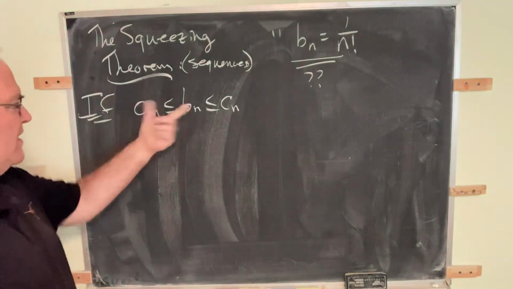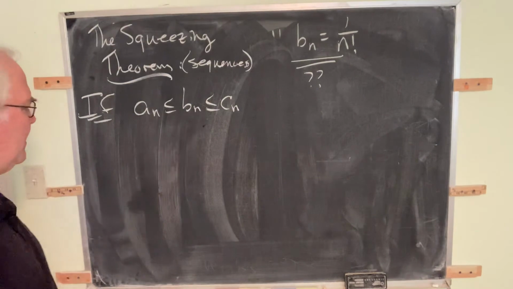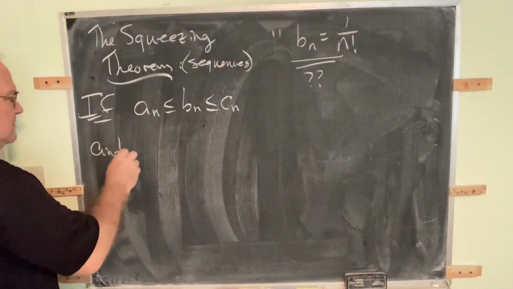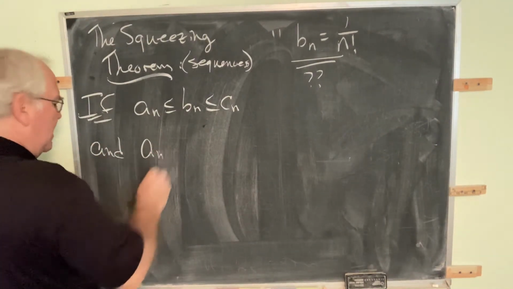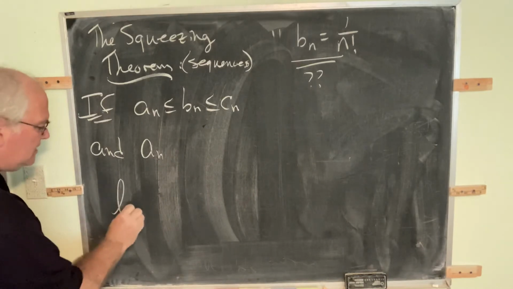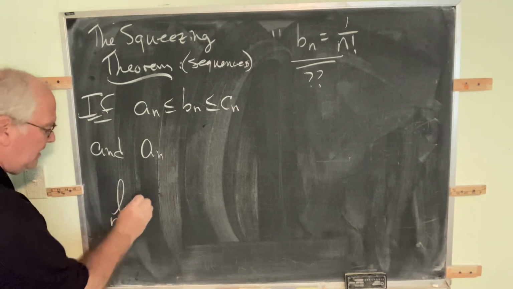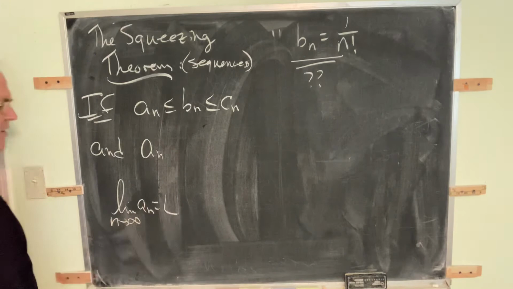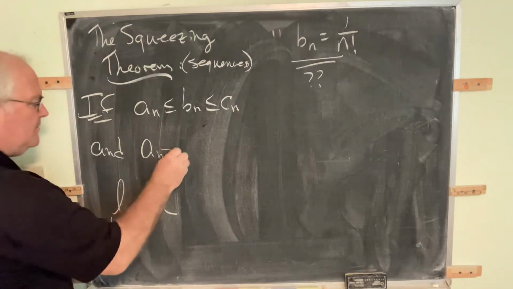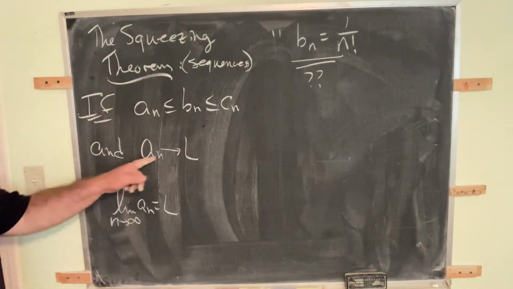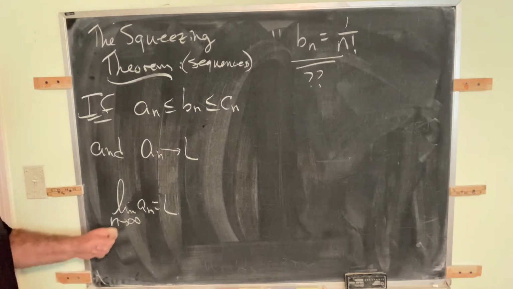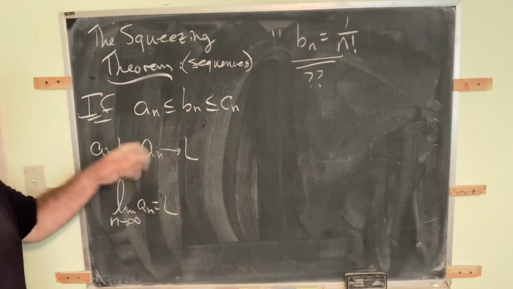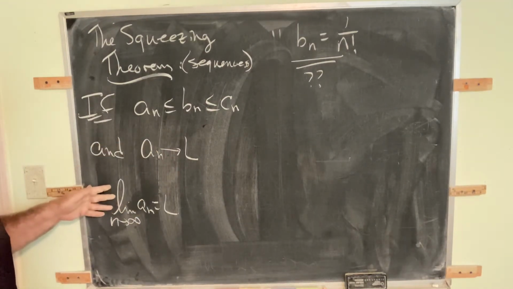If it is captured between two others, and if an, now here's a shorthand. Limit as n goes to infinity of an is equal to L. Shorthand for that is this: as n goes to infinity, an goes to L. So this is shorthand for this larger expression.